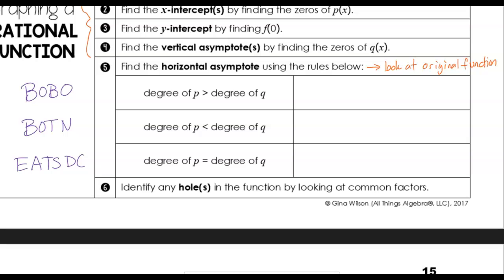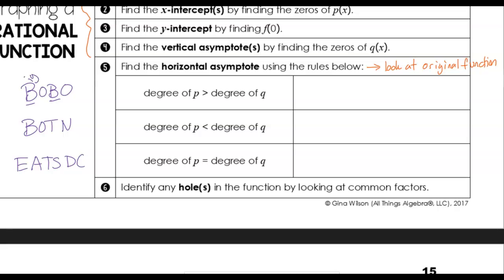Yes, one of the letters does stand for bottom. I'm pretty sure everyone learned this acronym, but maybe. This second B stands for bottom. What do you think this first B stands for? Yes, thanks. BOBO stands for bigger.